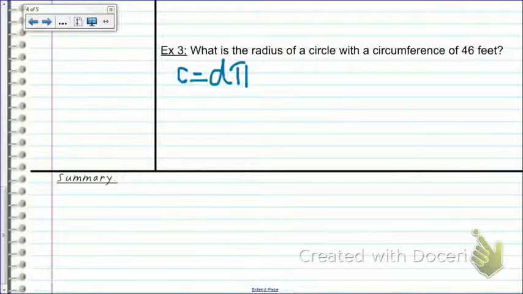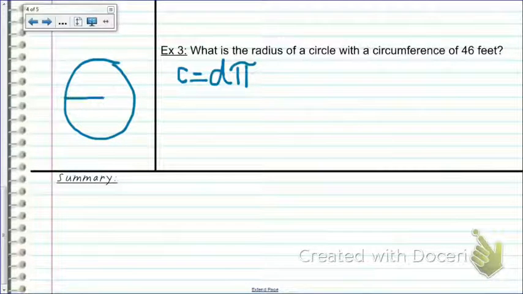D pi. And the diameter is what, ladies and gentlemen? Christian? Diameter, yeah, so I'm going to draw it off to the left. In a circle, your diameter is what goes all the way across, and the radius is halfway. So diameter is 2r, is how we write it.